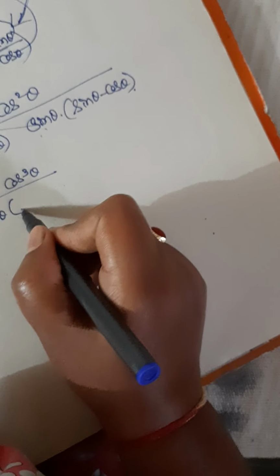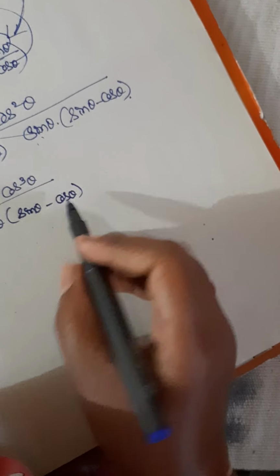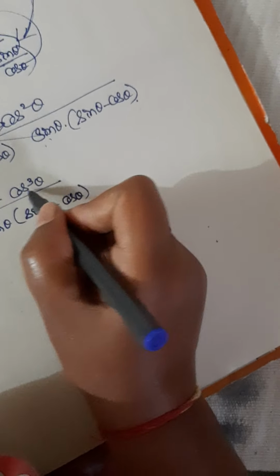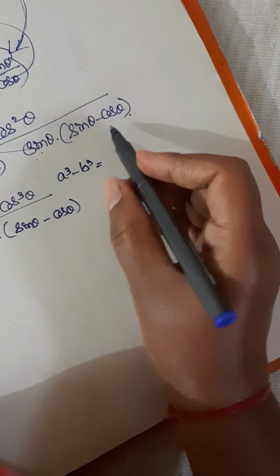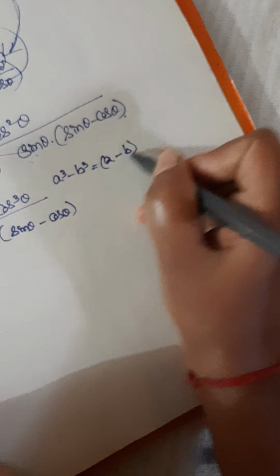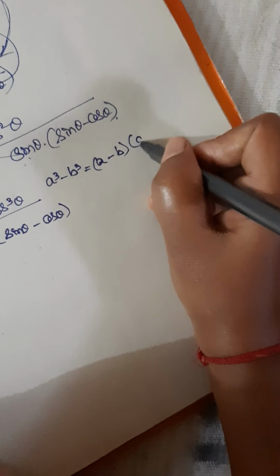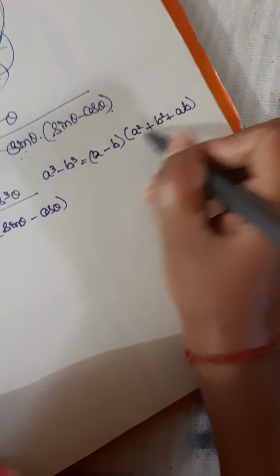These two things are the same thing only. So sin theta minus cos theta. For this, it is in the form of a cube minus b cube. This a cube minus b cube formula you all learnt in the 9th standard. This will be (a minus b)(a square plus b square plus ab). So let's put this one in that form.